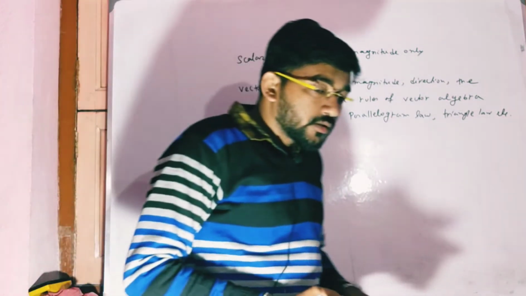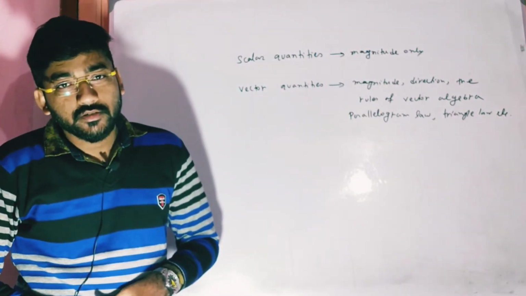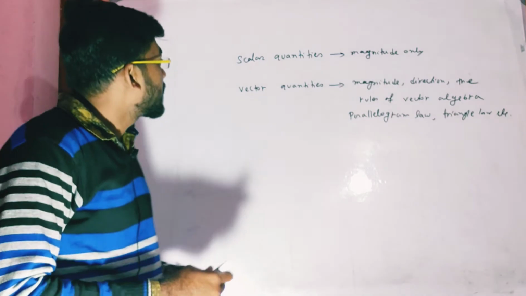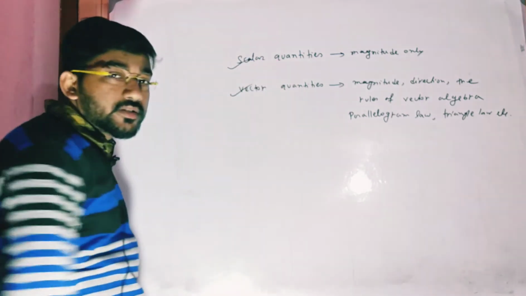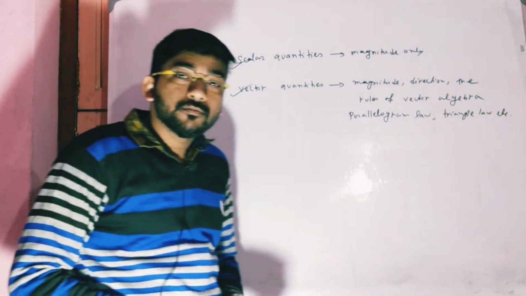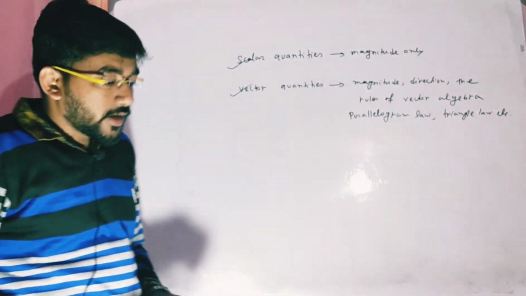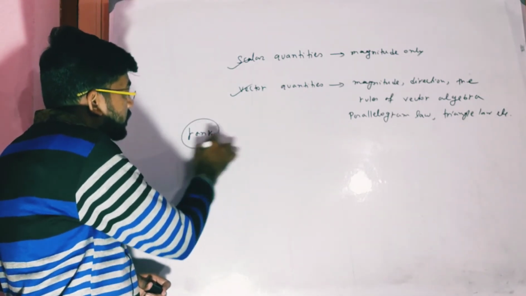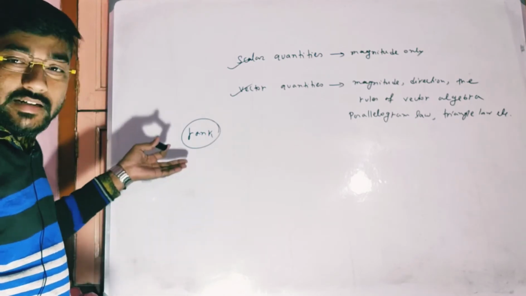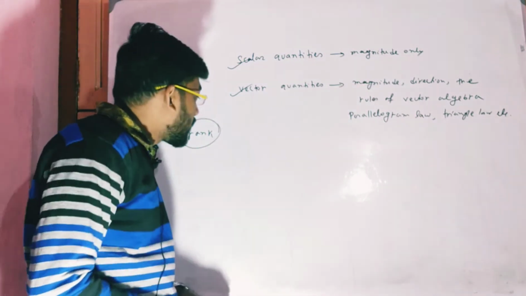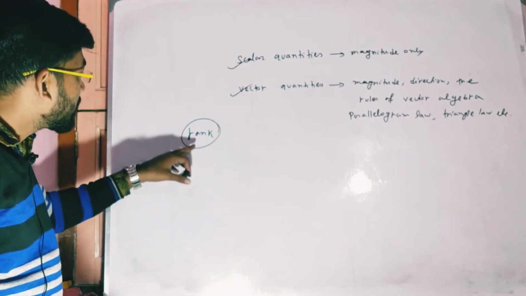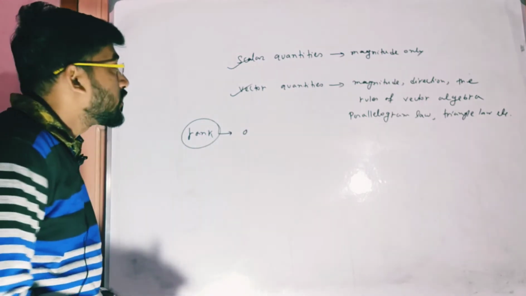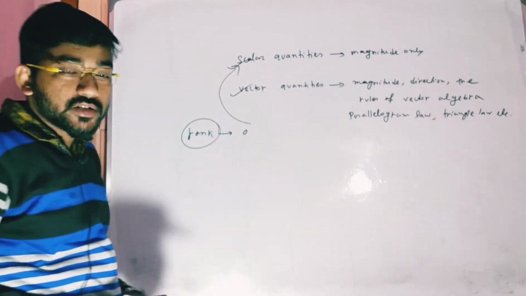Now, again you will be surprised to know that this is not the general case. Actually, scalar and vector quantities are special cases of tensor, and there is something called rank. We will study about this rank later on in the upcoming classes. But when the rank of a tensor quantity is 0, then we call it a scalar quantity.